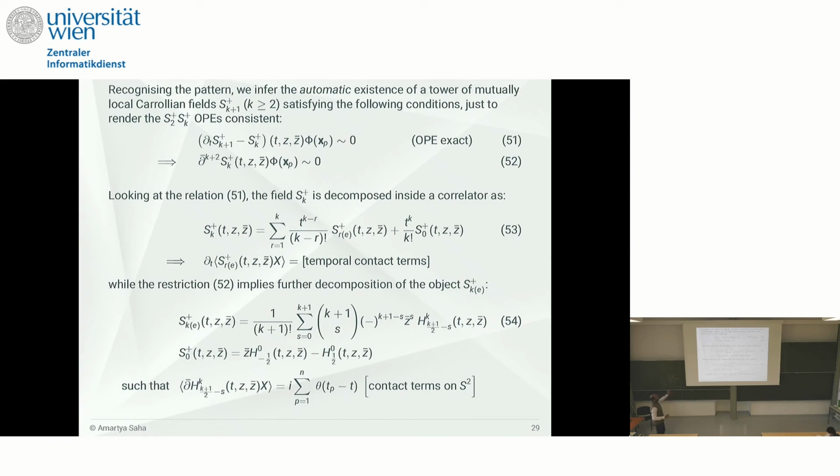Again, this truncation follows from this time constraint 53, and further I have decomposed this Sk plus object into an anti-holomorphic mode expansion for now. So this is truncating at order k plus 1.